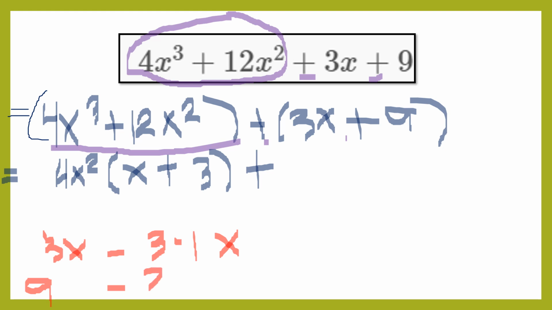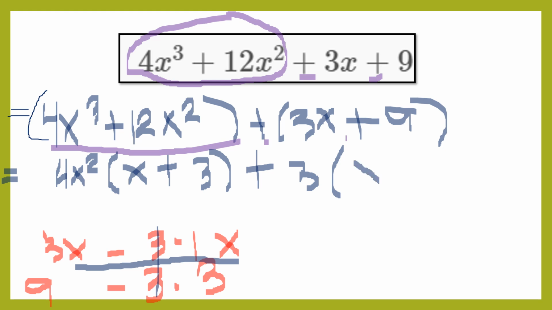Now 9 divided by 3 is 3. So its greatest common factor here is 3. Open parenthesis. For the first term, the remaining is 1x, just write x. Plus, for the second term, the remaining is 3, and then you close it. Alright, let me erase this.